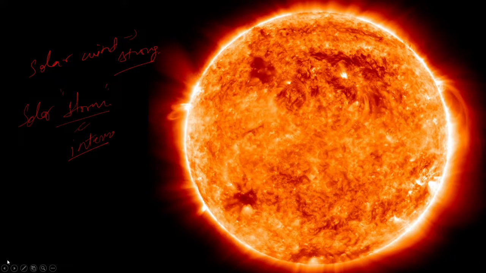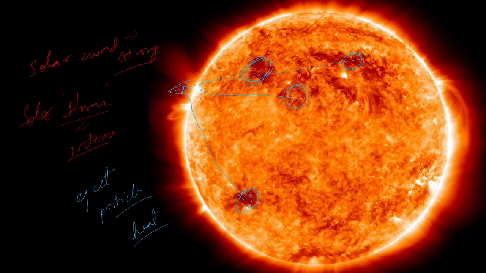Now we'll look at a feature on the sun called sunspots. These dark spots on the sun are called sunspots. These spots are dark because they eject particles, and when they eject particles, these particles carry some heat from the sun, and that's why the spots appear dark.